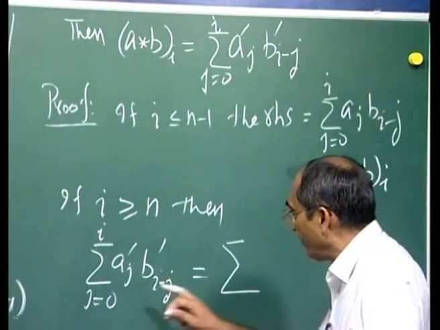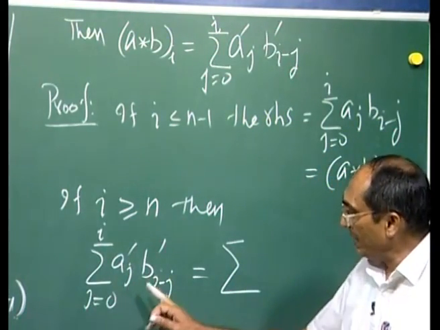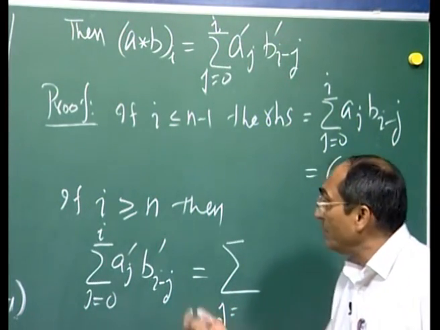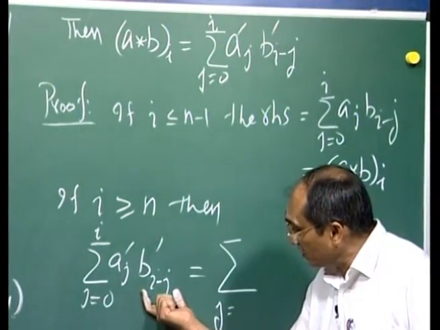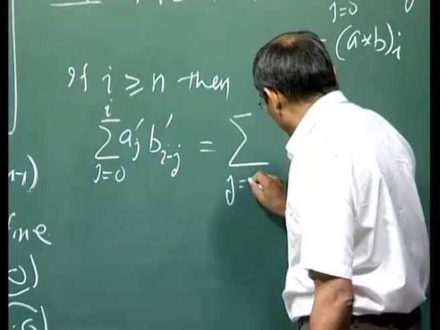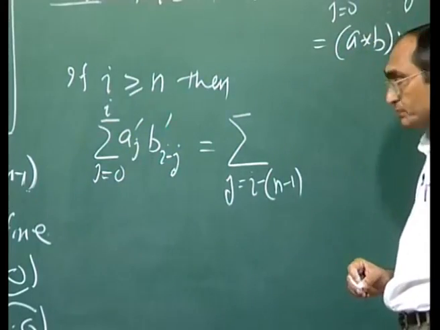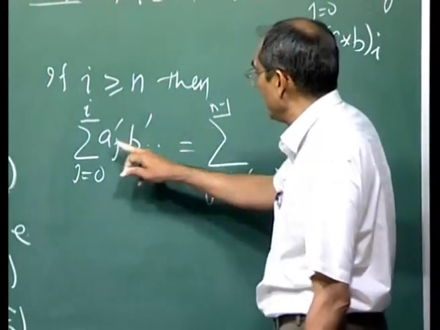So, which is the first value of j when we have a non-zero contribution? Well, when i minus j is n minus 1. If this is n minus 1, then j is i minus (n minus 1). The largest j can go is n minus 1. Beyond that, it is 0 anyway.